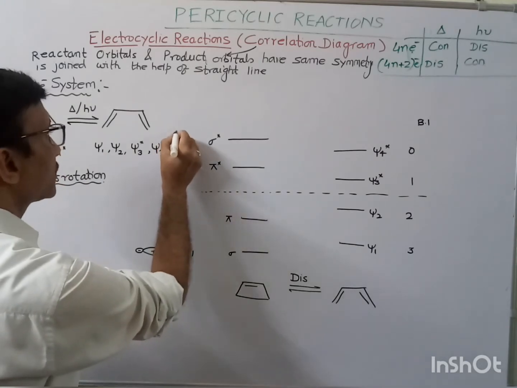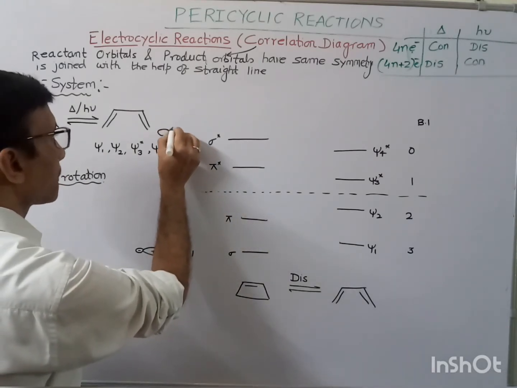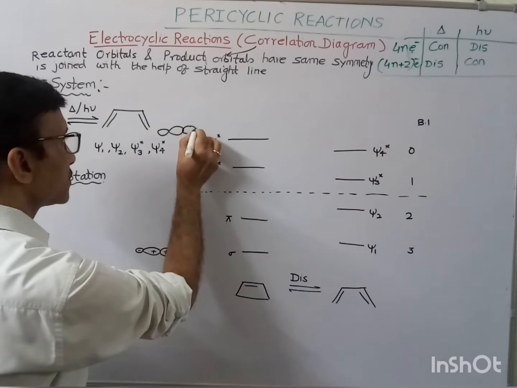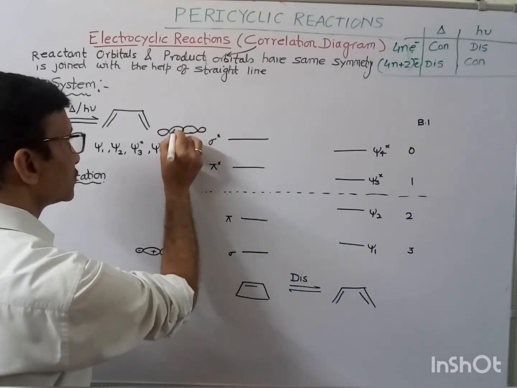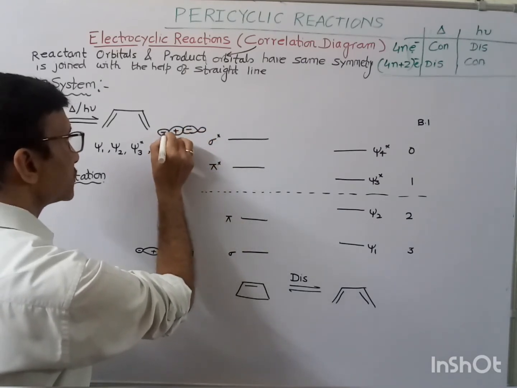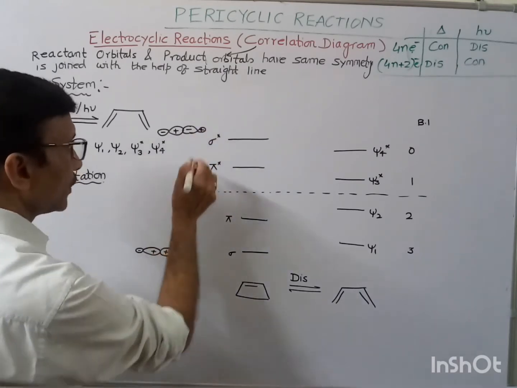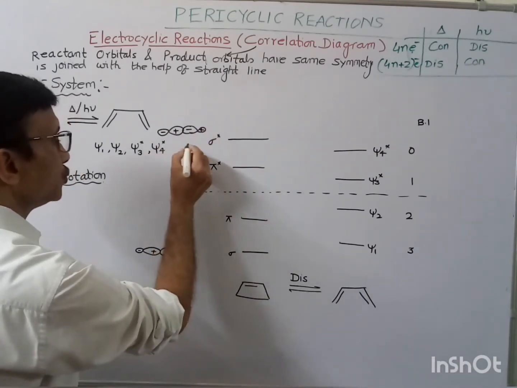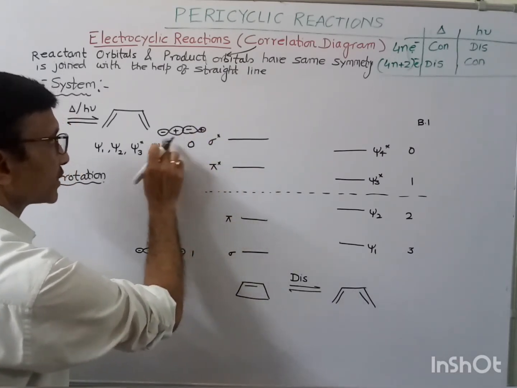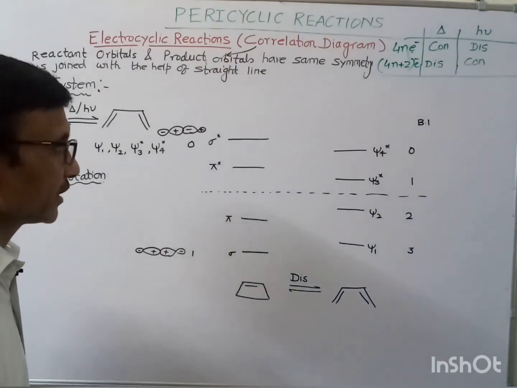In sigma star, the signs are plus, minus, minus, plus. Here there are 0 bonding interactions, whereas there is 1 anti-bonding interaction.